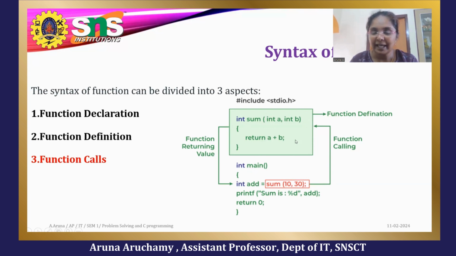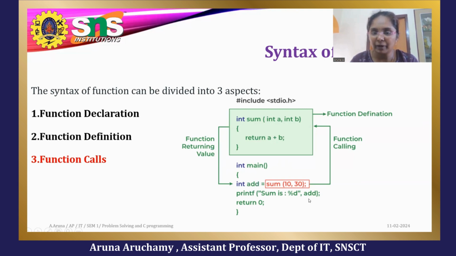In the definition part, A is assigned the value 10 and B is assigned 30 as formal arguments. After assigning, it goes in and performs A plus B. A contains 10, B contains 30, so both are added and 10 plus 30 is 40. The value 40 is returned to the main function and stored in the variable add. Now add contains the value 40.